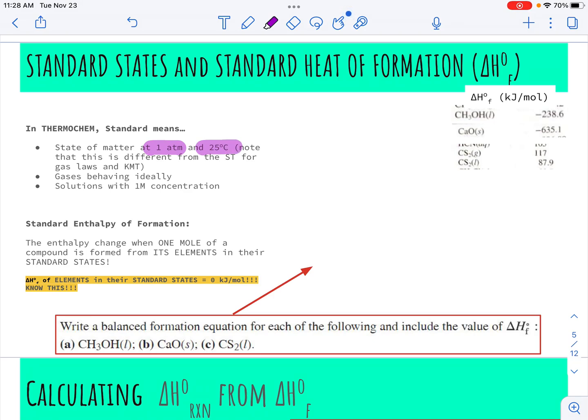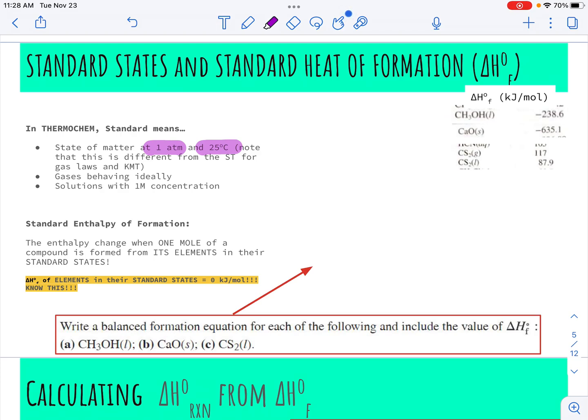This is a big difference because we just finished gas laws where in gas laws standard temperature is 0 Celsius. So when we talk about anything in thermochem or thermodynamics or electrochem or equilibrium, any of these things that we'll do later, we talk about at 25 degrees Celsius for standard. All right, so this is important that you think about that.